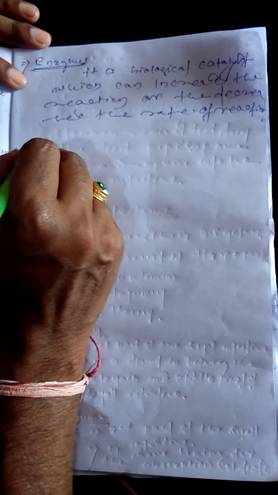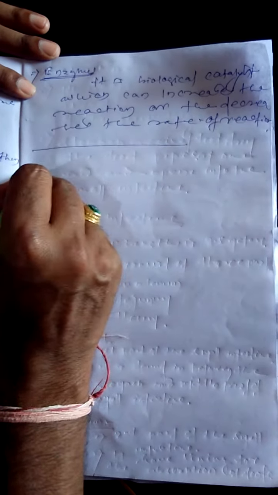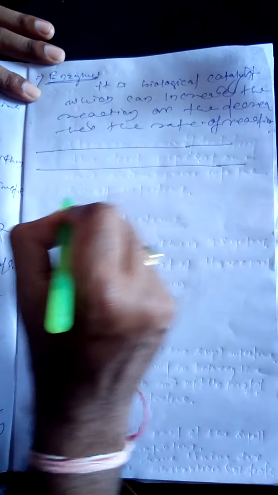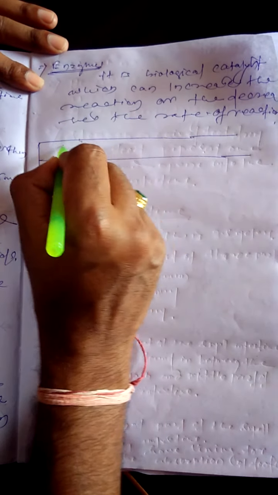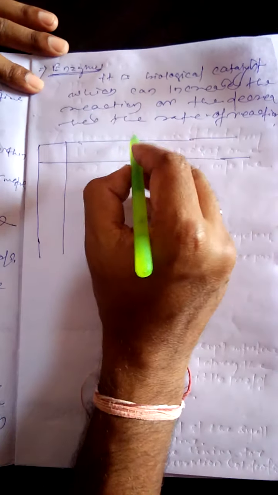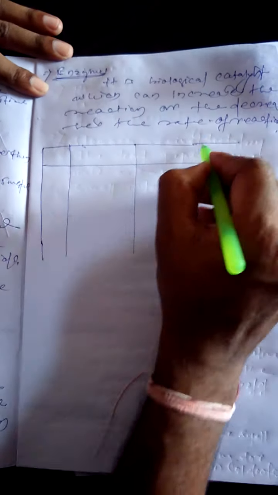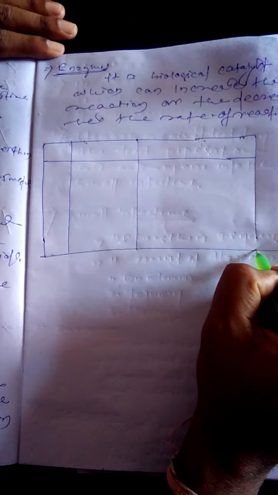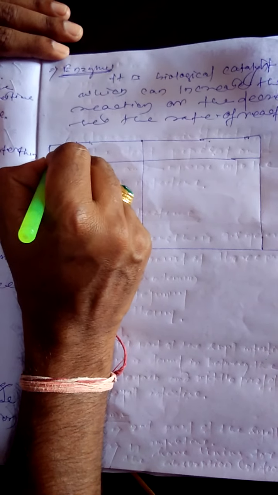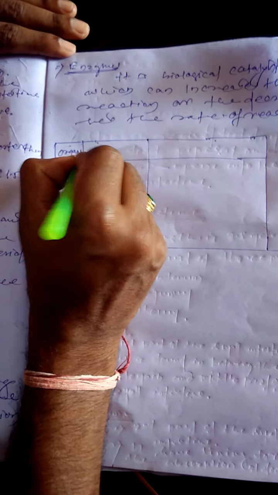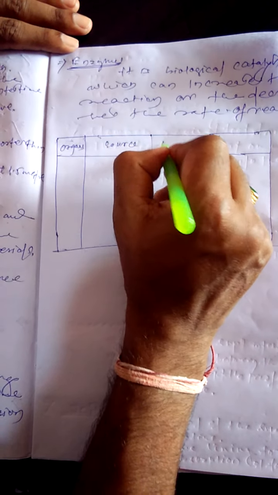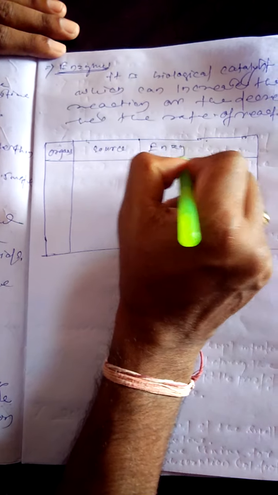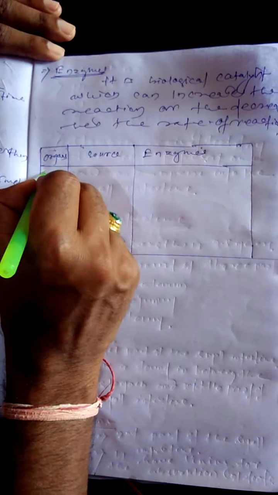Just you see here one table we can make. Organ, source, enzyme. So here first you take mouth.